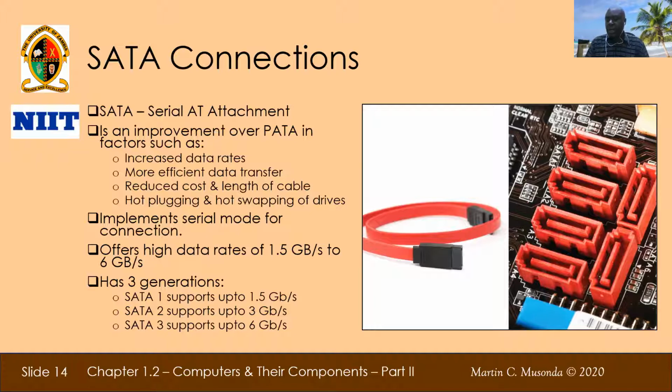Of course, they have to be connected only in one way, and they have a typical, well-known L-shaped connector. That means that you can't confuse the orientation of the cable. It can only go in one direction, okay? Both the one for data and the one for power.